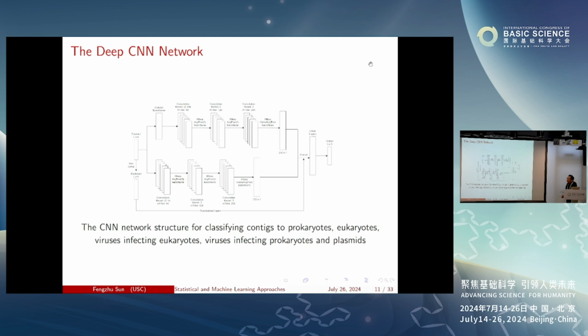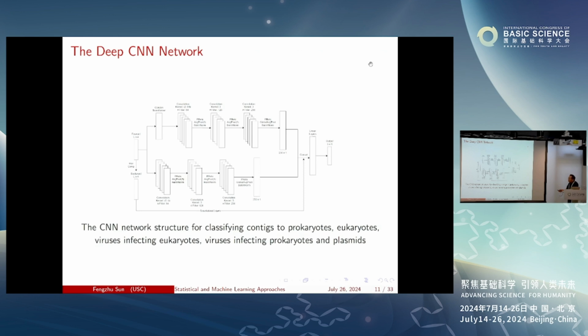For the deep convolutional neural network, the input is just the sequence, and we have the forward string, and for each string we consider two types of encoding. One is the nucleotide encoding, where essentially we just consider A, C, G, T as tokens, and we need to decide what k-mer we should use.